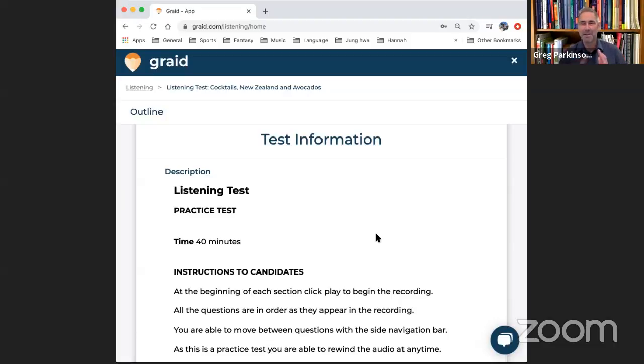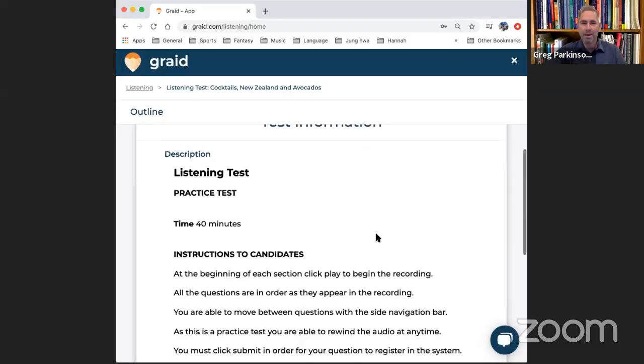But in the reading test, you have 60 minutes, and within those 60 minutes, you need to complete the answer paper as well. So it's always important to make that distinction. I've heard some sad stories about students who got confused between those instructions. So the listening test, you always get the extra 10 minutes after you listen to transfer your answers from the question paper to your answer paper.